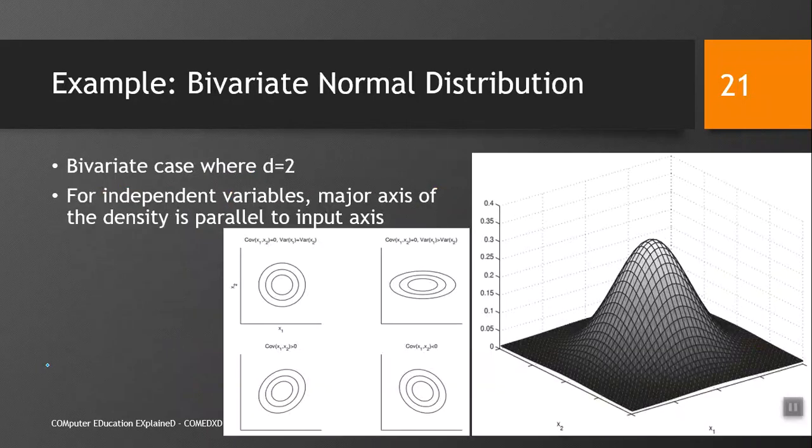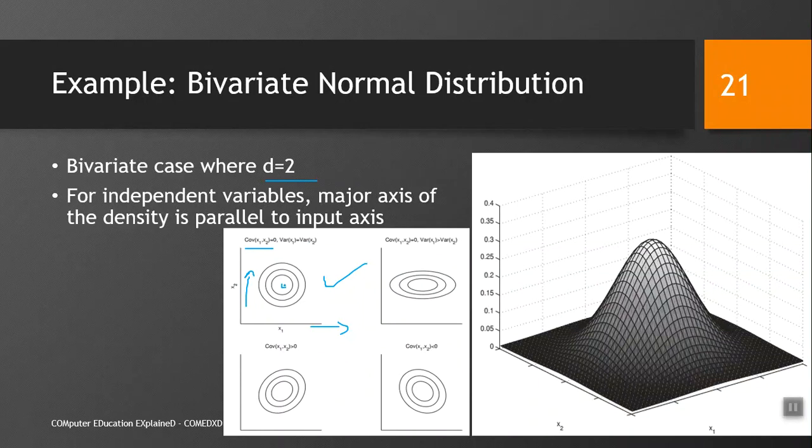Example, bivariate normal distribution. Bivariate is the case where there are two dimensions, two features. For independent variables, the major axis of the density is parallel to the x-axis, right? Look at this figure now. Here, this is the independent variable x1 and this is variable x2. So the covariance of x1 and x2 is equal to 0, and the variance of x1 equals the variance of x2.